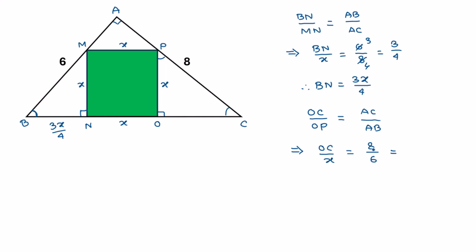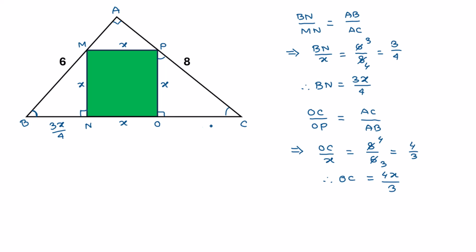Simplifying this, divided both by 2, this will be 4 and here remain 3. So 4 over 3. And multiplying by x, we will get OC is equal to 4x over 3.